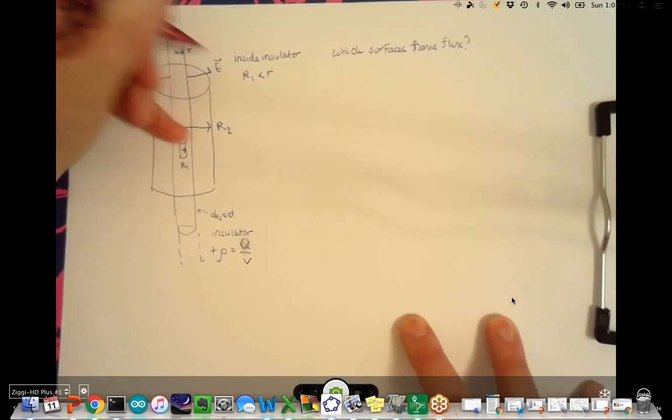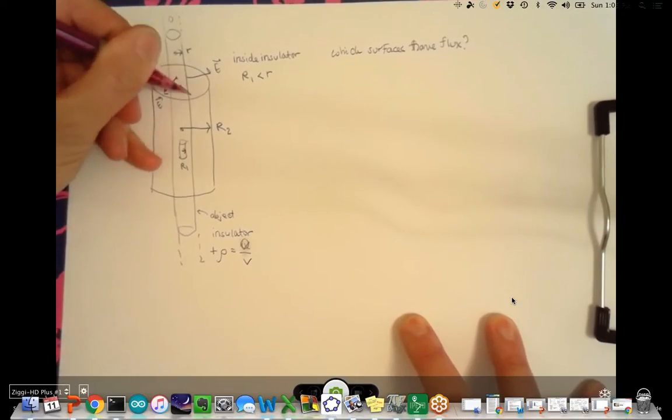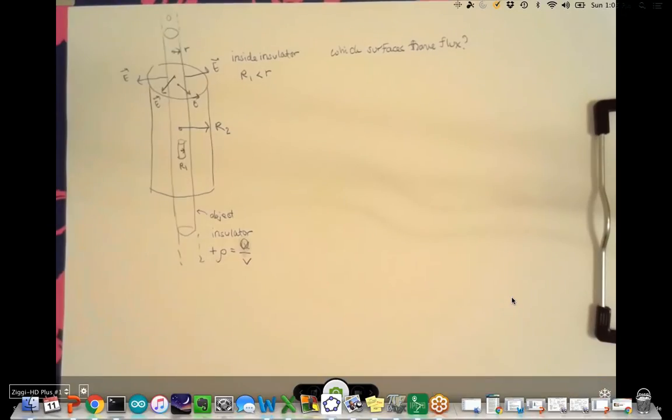So our electric field is going to point away everywhere on our object. This is a three-dimensional object, so it's going to be pointing out away here, and away here, and so on. The electric field is pointing away from our little cylinder radius r everywhere. What about the area vector?